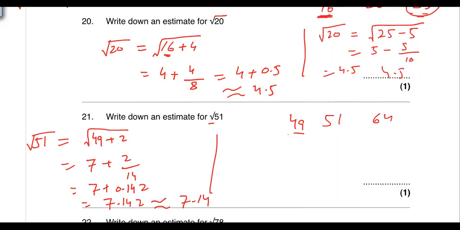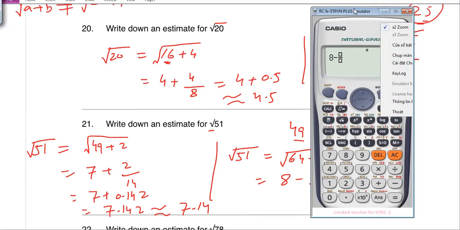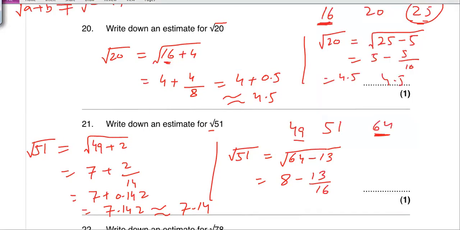Or the alternative way, if you want to use the number after: this is the square root of 51. I can write it as 64. Now what should I subtract from 64 to reach this one? Obviously 13. So now the square root of 64 is 8, minus 13 over double of 8, 16. So you can use your calculator to calculate it now. Sorry, one second, my calculator got closed.